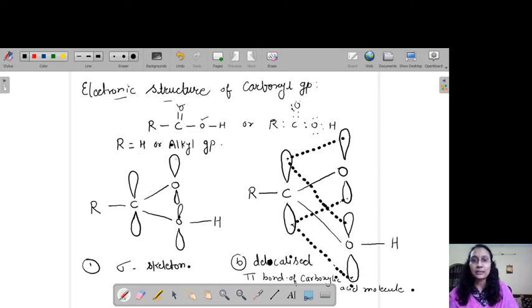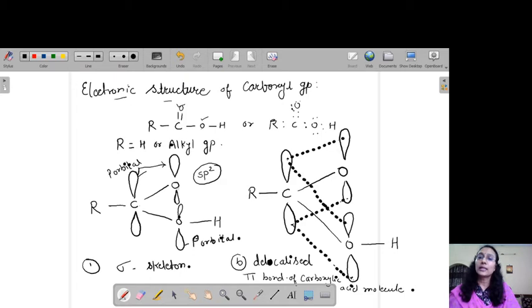Here I will write the p orbital of carbon and the p orbital of oxygen. Similarly, this is again the p orbital of oxygen. This carbon and the oxygen atoms are sp2 hybridized. This point is important.